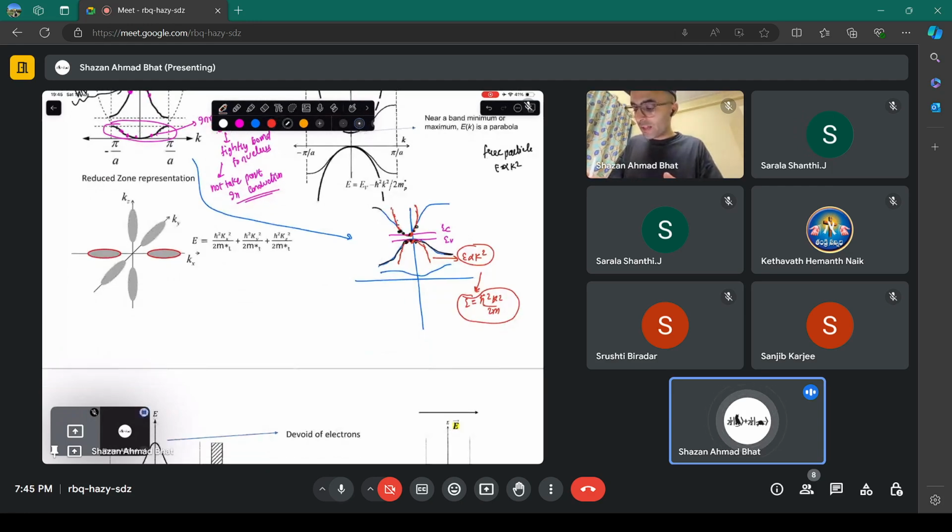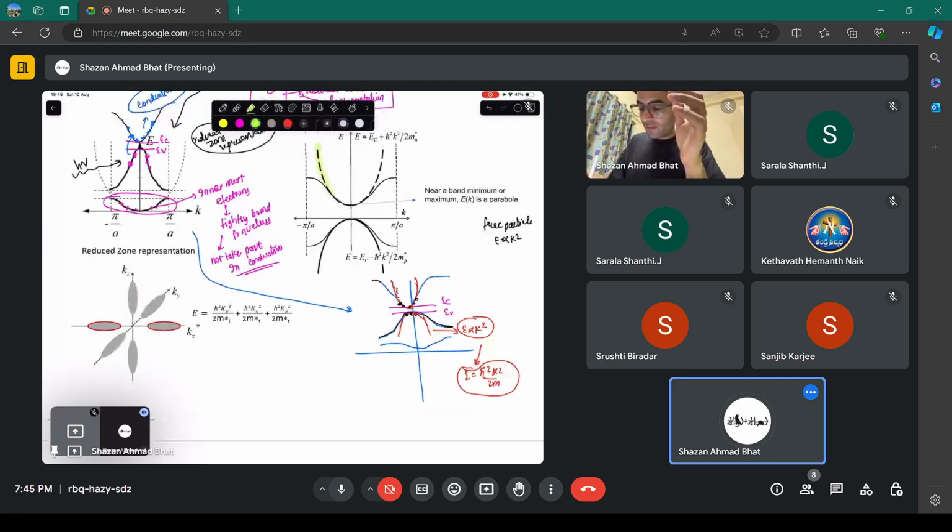If the electron goes to higher regions, then this parabolic approximation fails. You see that this is a fitting curve to this particular curve. As the electron goes higher and higher in energy, this dashed-line parabolic fit fails to match the exact band. Then we have to consider some other things.